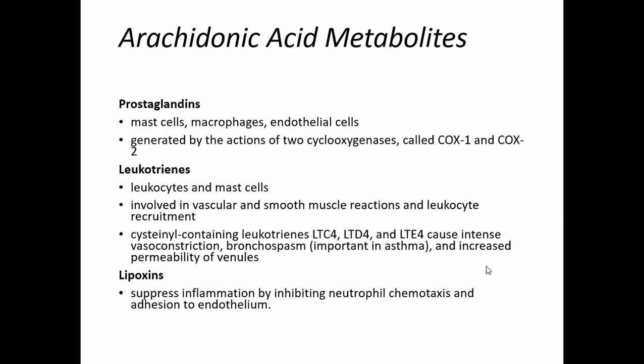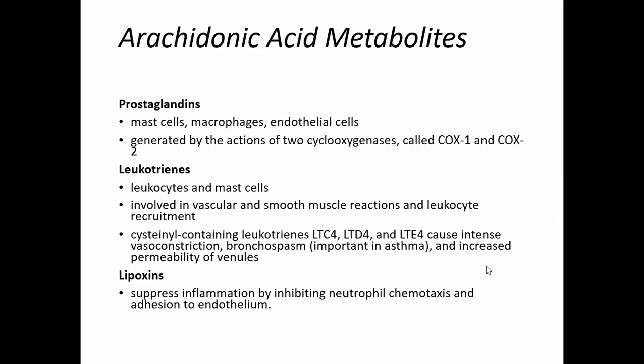And then we have the arachidonic acid metabolites. The lipid mediators are the prostaglandins and the leukotrienes, and they are derived from the membrane phospholipids and stimulate the vascular and cellular reactions in acute inflammation.